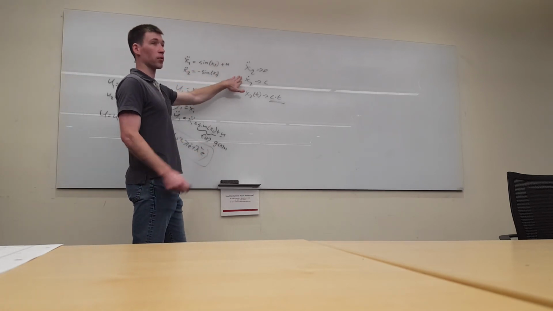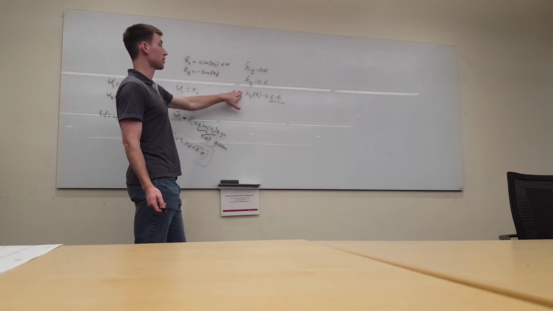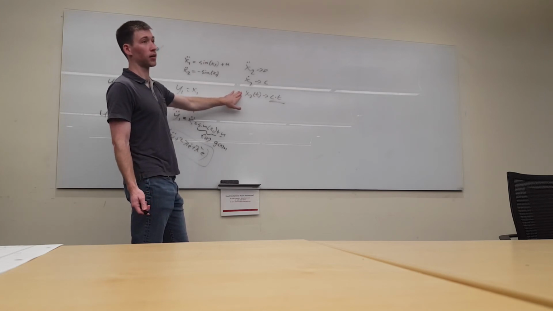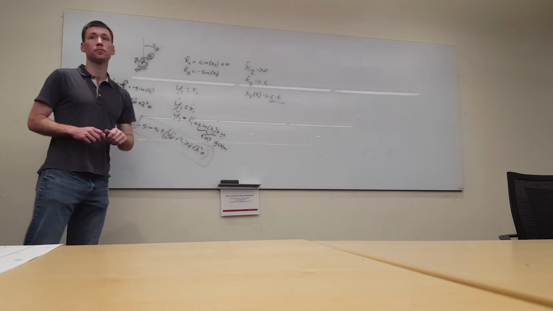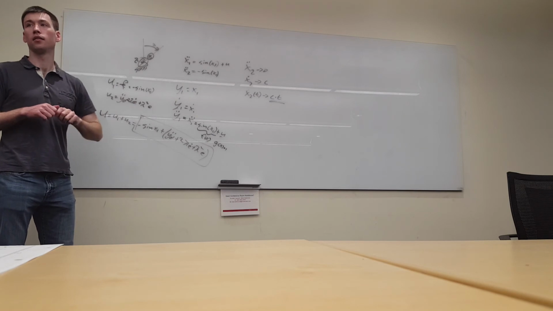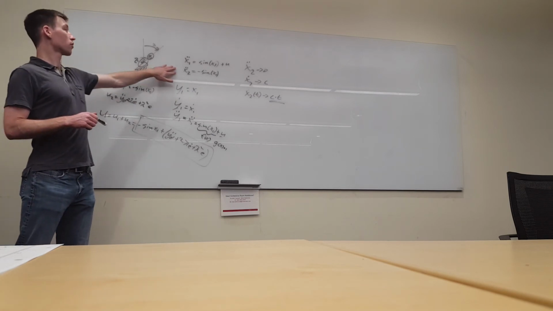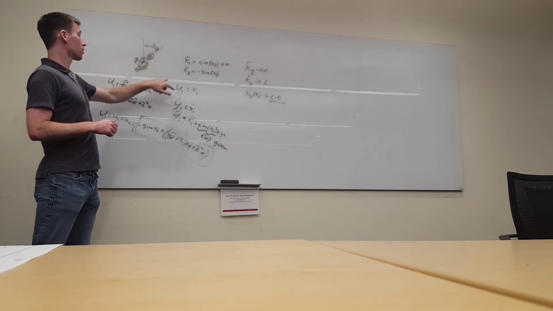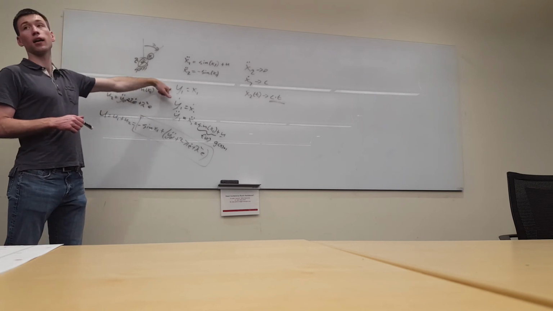Therefore, x2 dot will go to a constant, and so x2 will be growing linearly with time. So that is internal dynamics? Yeah, it's internal dynamics because it's not seen in our output y.